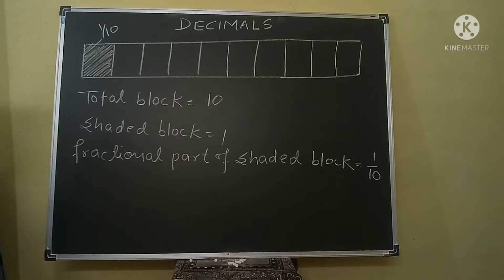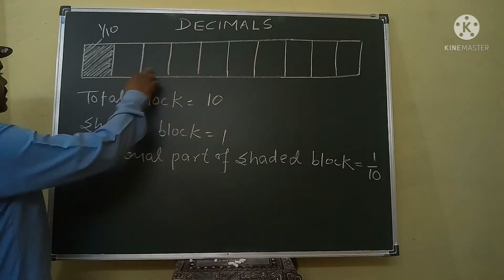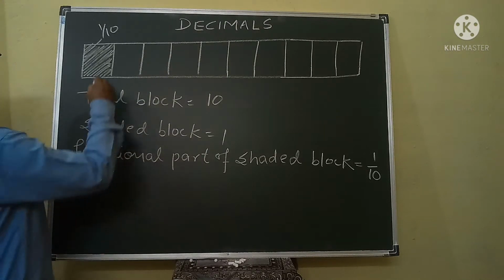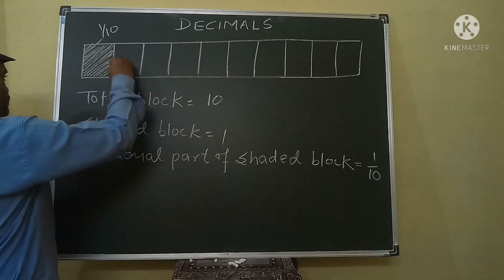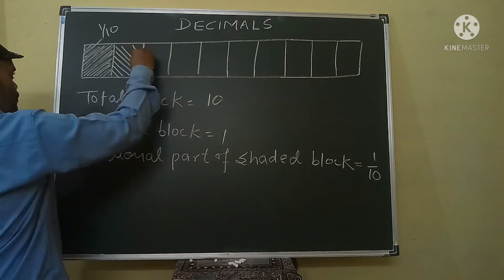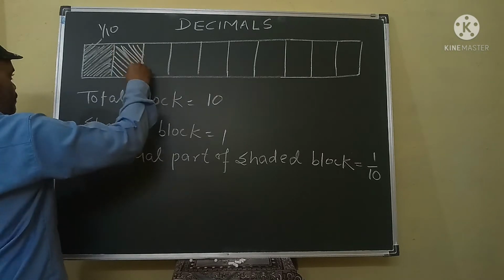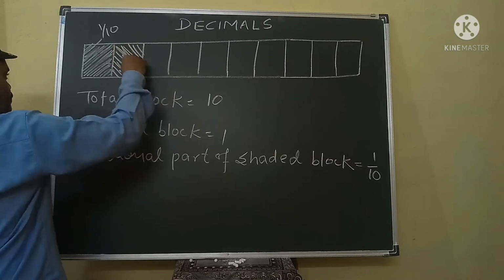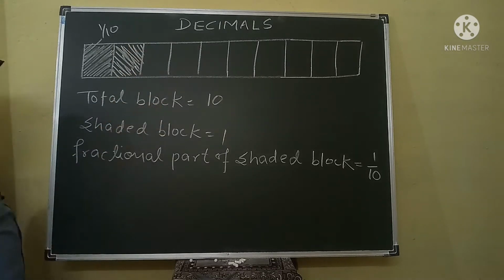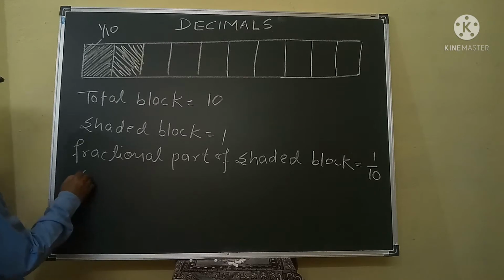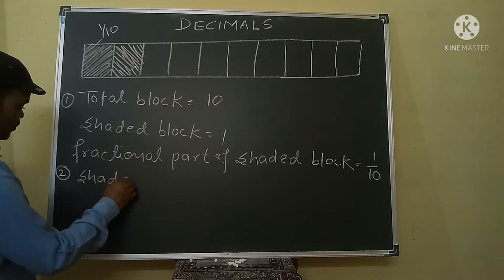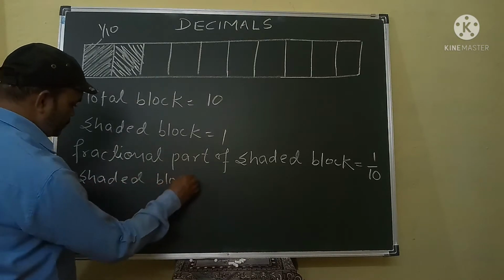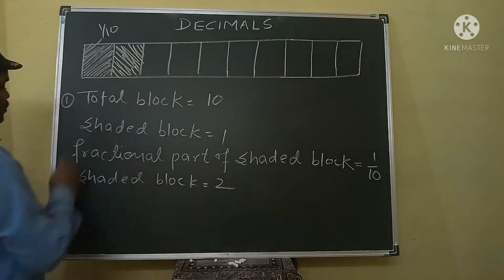Suppose in this figure 2 blocks are shaded. That means total blocks are 10, and shaded blocks are 2.